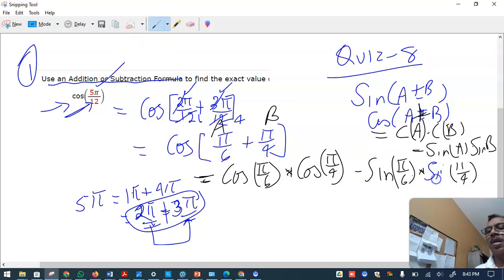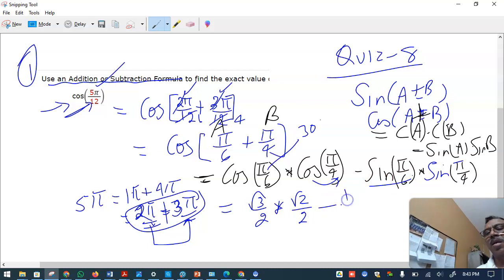Now, what is cosine pi by 6? It is 30 degrees, and cosine 30 is root 3 over 2. Cosine pi by 4 is root 2 over 2, which is cosine 45. Then minus sine 30, which is half, times sine pi by 4, root 2 over 2.